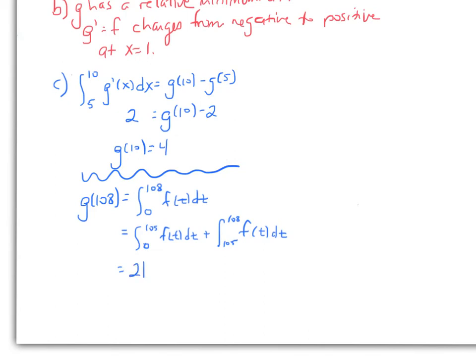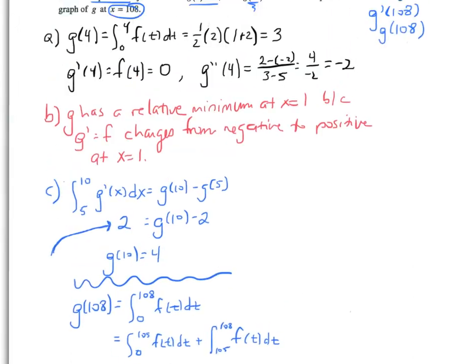And we know from our previous work that each cycle is going to give us an integral that is equal to 2. So we do 21 times 2, that'll give us this first value here, plus the integral from 105 to 108.